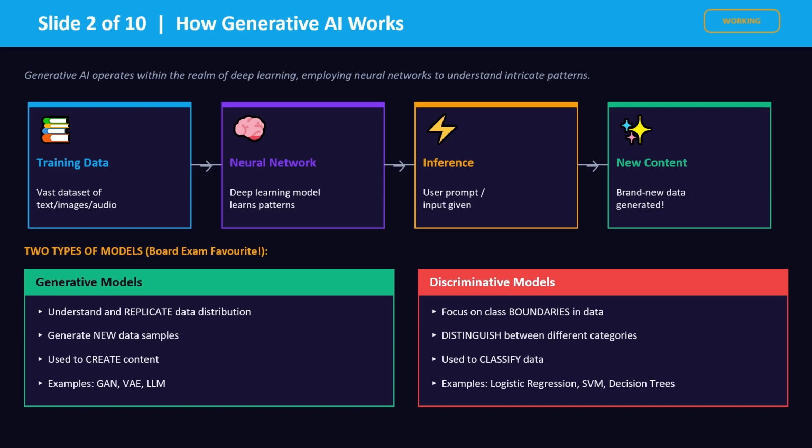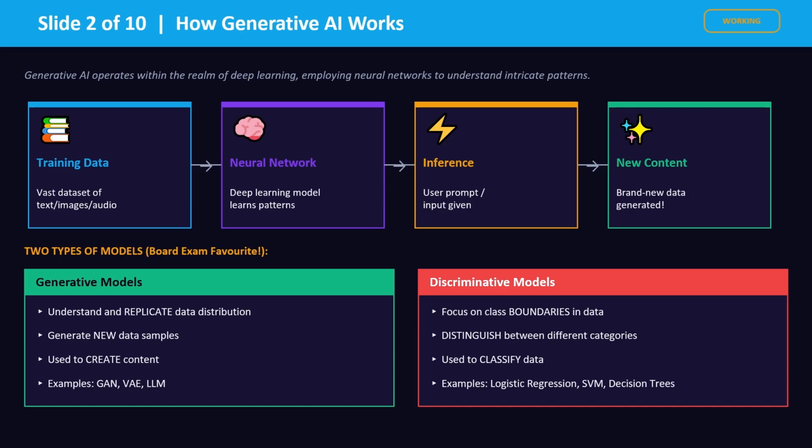First, a massive training dataset is fed into the system, millions of text, images, or audio files. Then a neural network learns all the patterns in that data. When you give it an input or a prompt, it runs inference and finally generates brand new content.